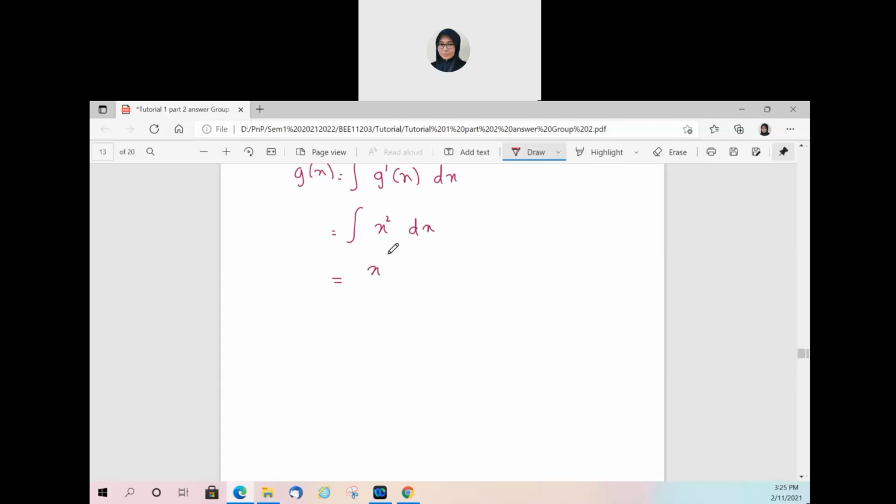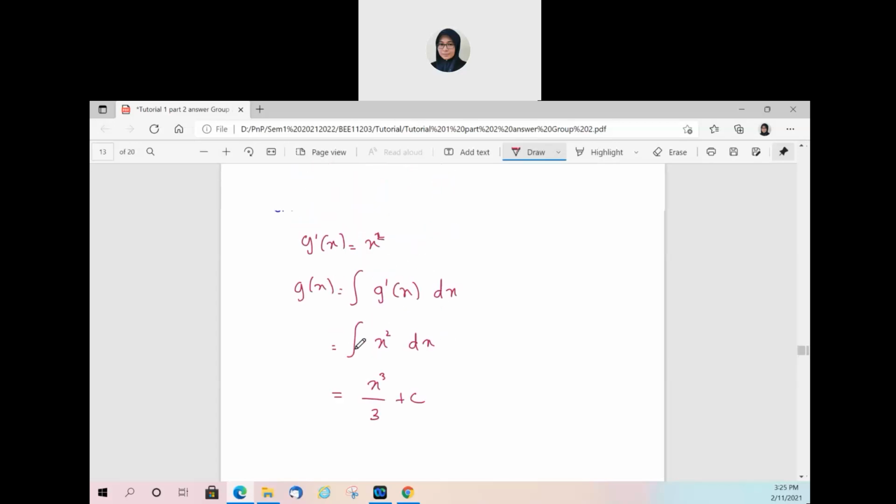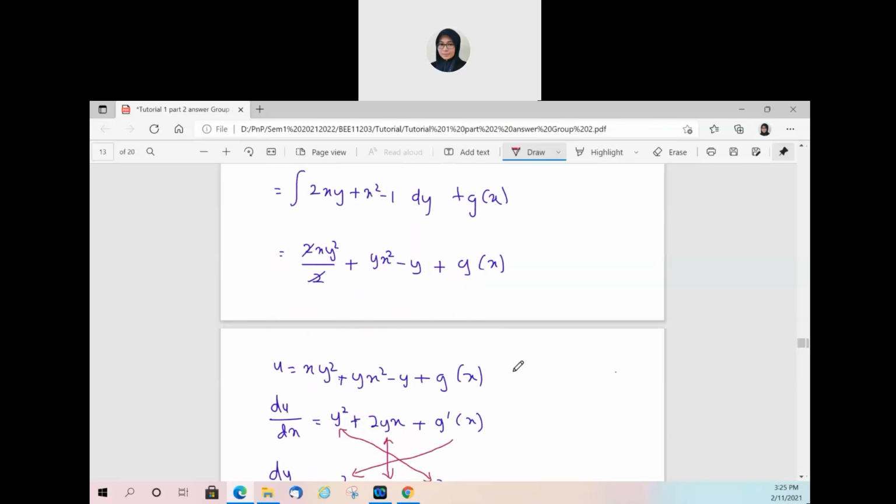You integrate x kuasa 2, you get x kuasa 3 per 3 plus c. Then this is your g(x): x kuasa 3 per 3 plus c. Okay. So you replace this g(x) inside these equations.